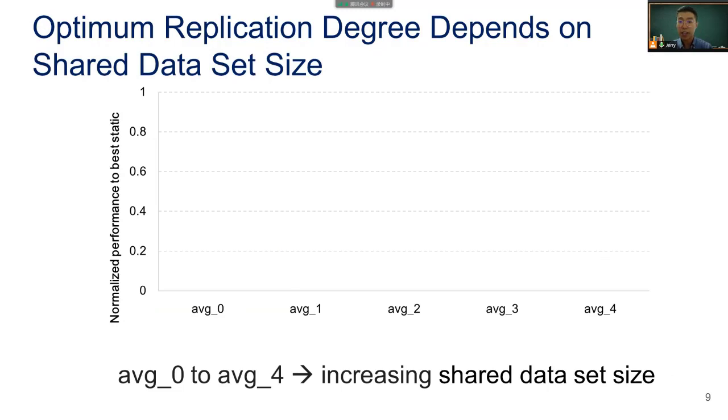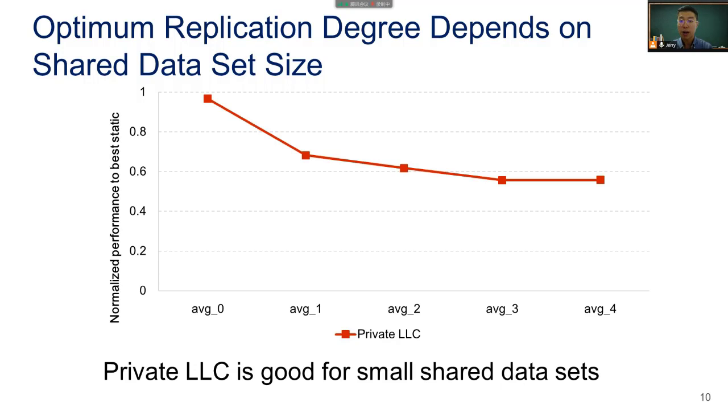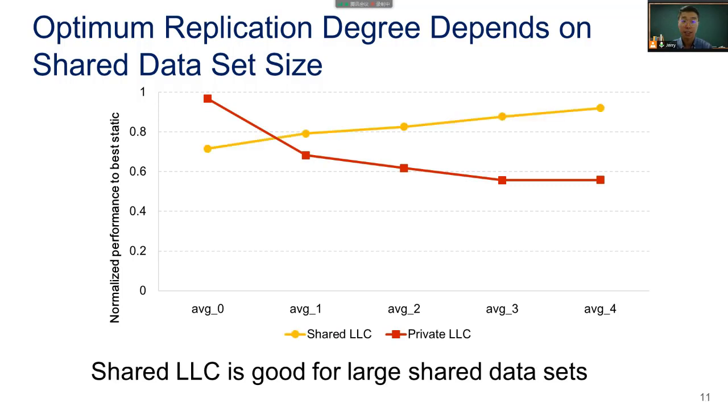Here is how application performance changes with different replication degrees. We changed the relative shared dataset size from average 0 to average 4. The relative dataset size increases. Private LLC is good for small shared datasets as it has high LLC bandwidth and limited impact on capacity.